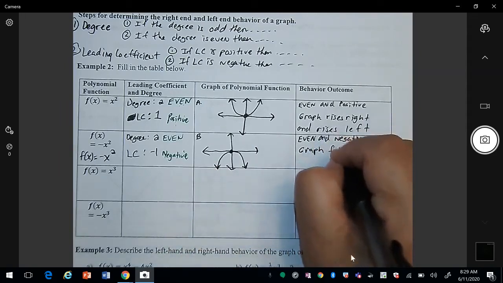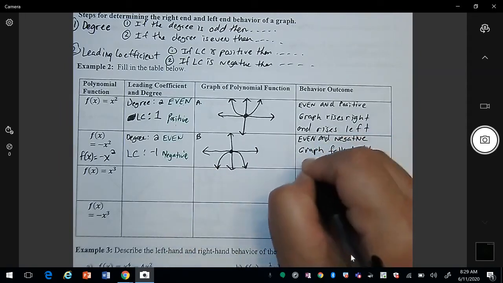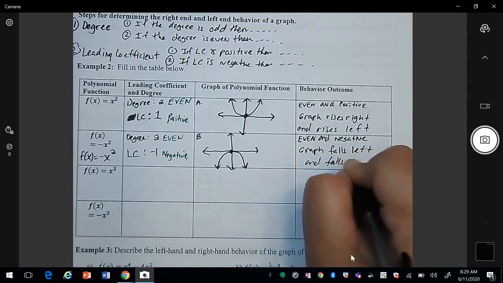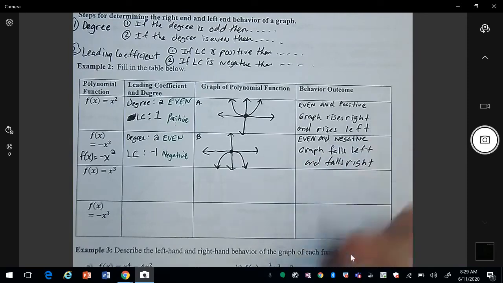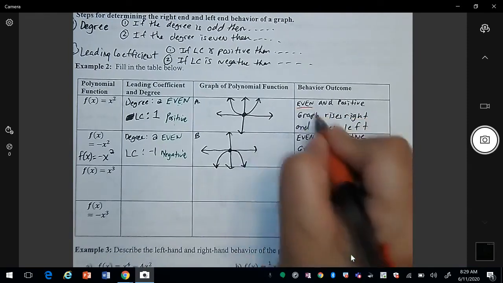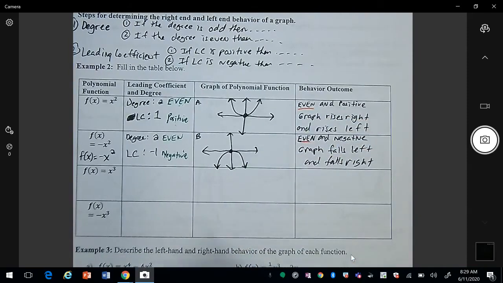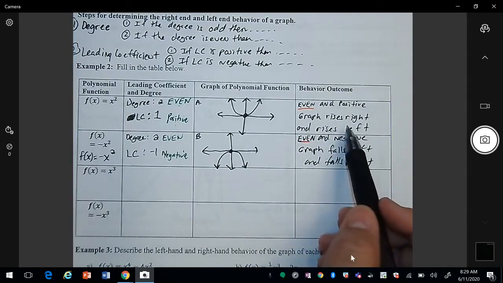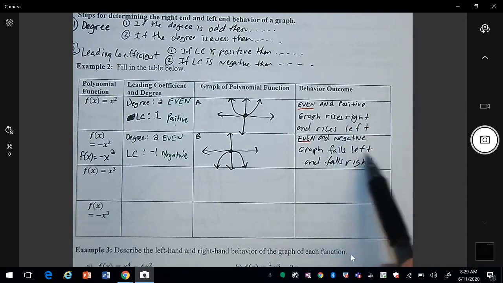So the graph falls left and falls right. Okay, so in both situations, when the degree was even, the graph does the same to the right and to the left. So it either falls left and right or it rises left and right.